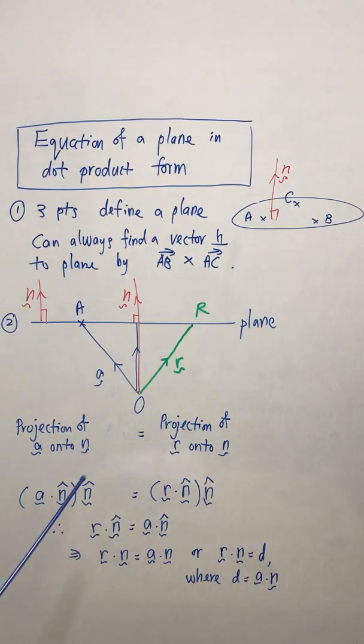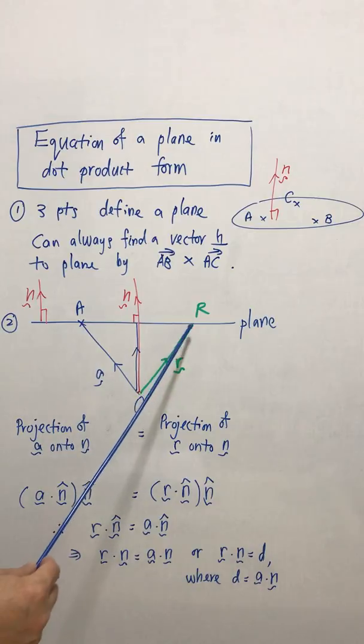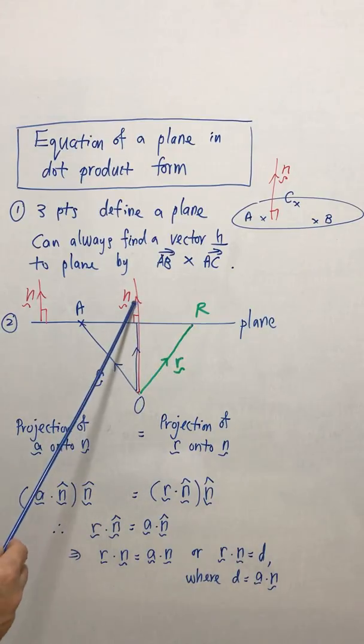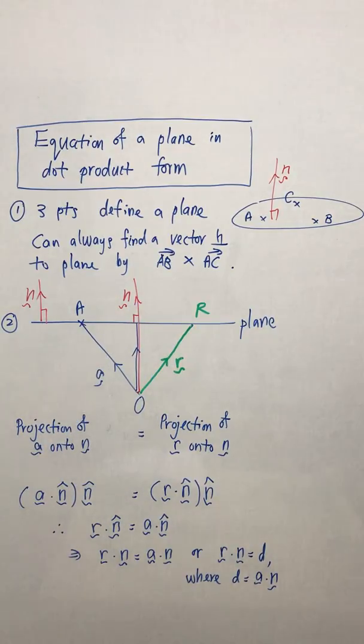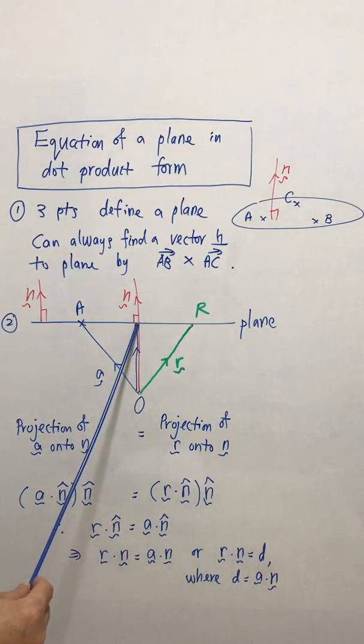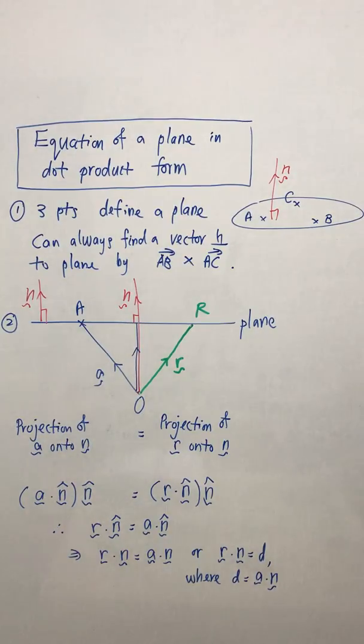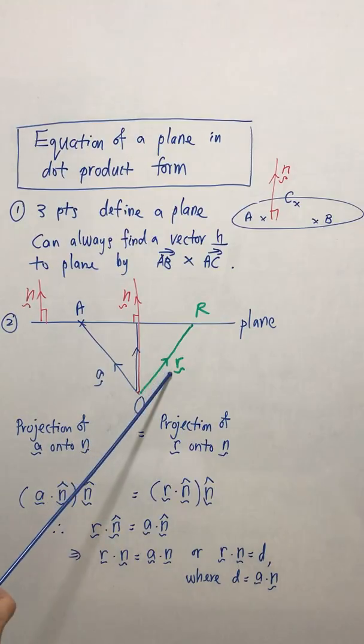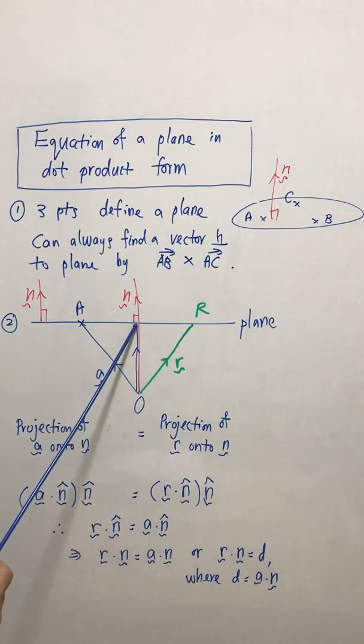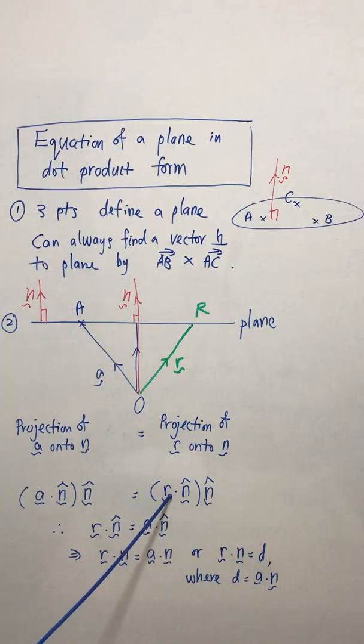Likewise, if I ask you to find the projection of the vector R onto n, the projection of vector R onto n is the same vector here to here. By the same argument, the projection of vector R onto n can be found by taking (r dot n cap) n cap.